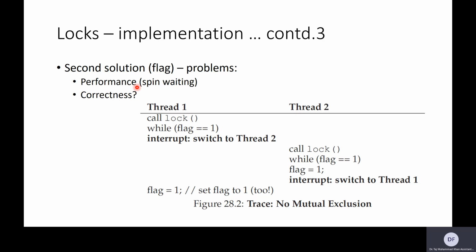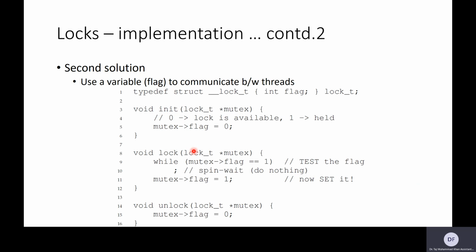On performance also, it kind of fails because the wait here has been implemented by spin waiting. If we see here, the wait condition has been implemented by this spin waiting while loop that does nothing. So this thread is doing nothing, and still it is running on the processor.